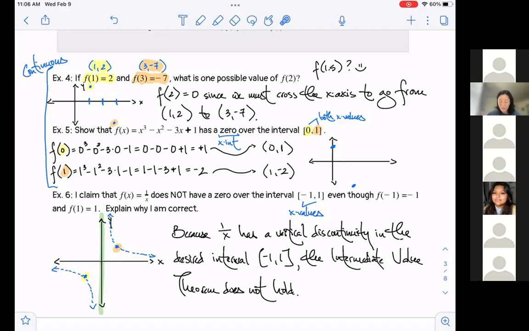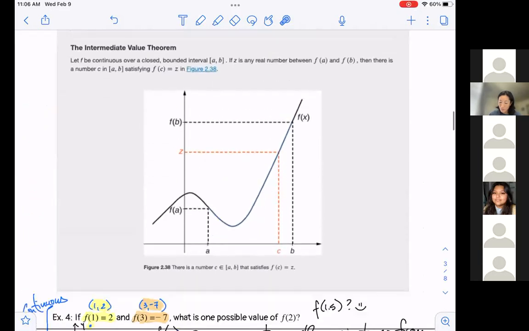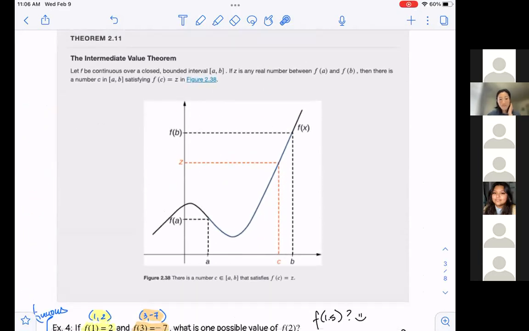Okay, so all of these 3 examples are meant to help us understand this intermediate value theorem, okay? So let's go back now and read what the textbook has to say before they let you do any examples. And so you can see here, they say, let f be continuous. All right.